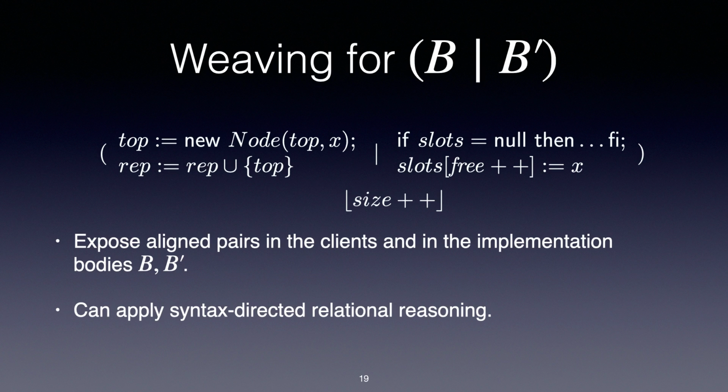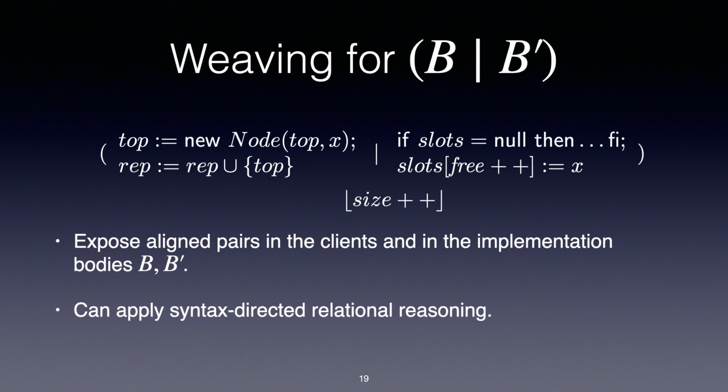But for the intermediate steps, there need not be any relational formula holding between the two sides. So you would do unary reasoning for each component of the split. But then at the end, both of the bodies have an increment of size that can be synced.